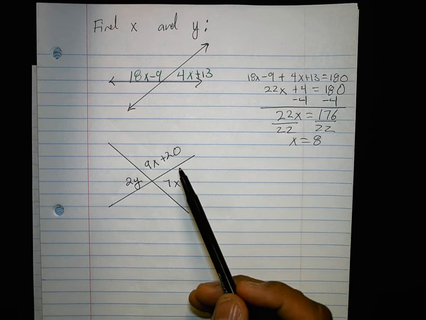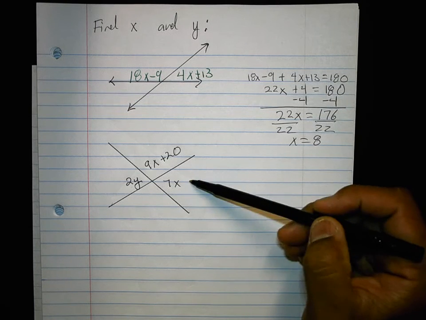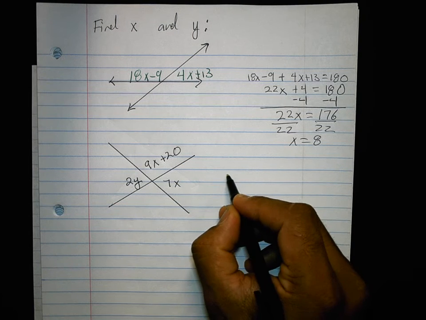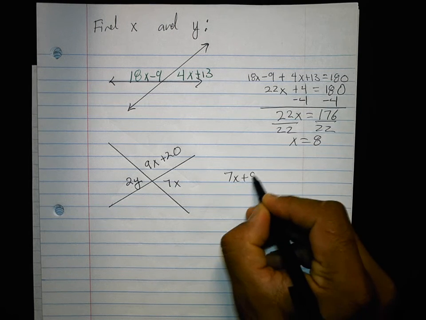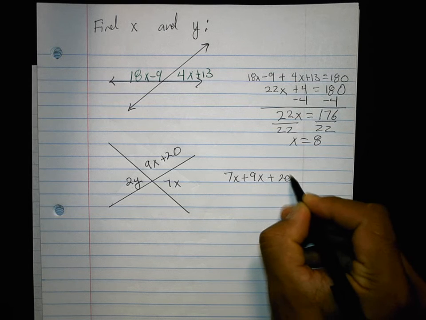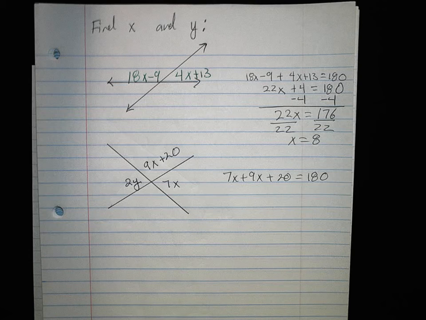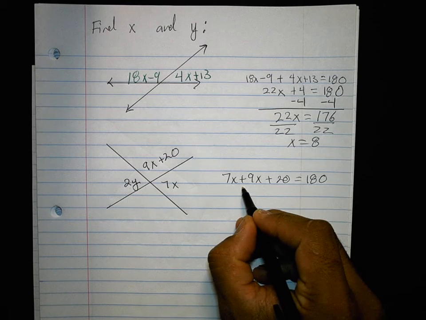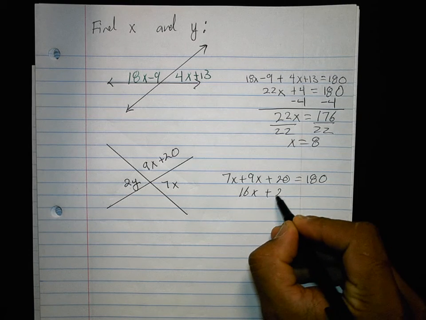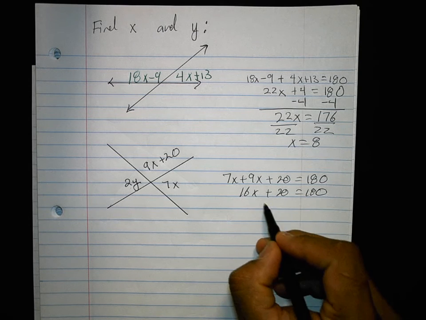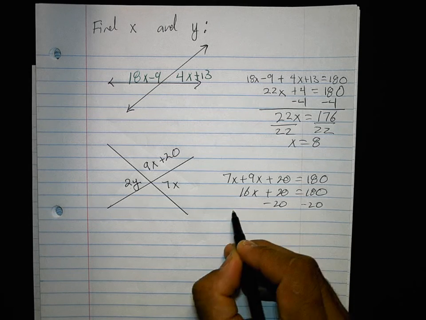So what I'm going to do is use these two and do the supplementary angles. There's a couple of different ways you could do it. I'll set this up as 7x plus 9x plus 20 equals 180. Combine like terms. Subtract 20 from both sides.